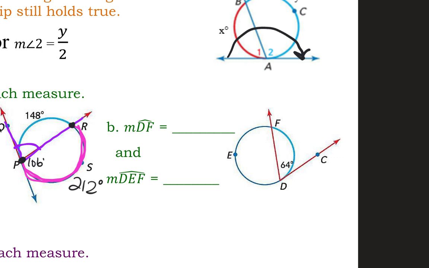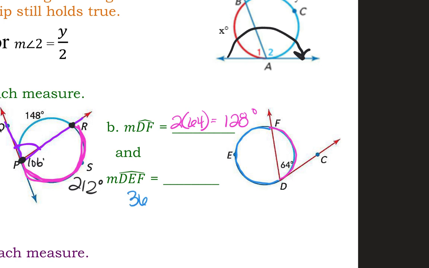All right. D to F. How do I find arc D to F? What should I do? Double it. 64 times 2 is 128. Good. And how do I figure out DEF? Subtract it from 360.